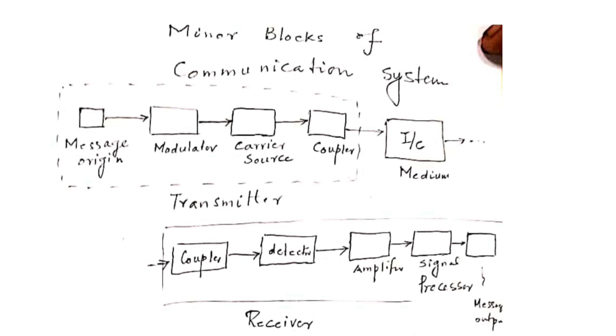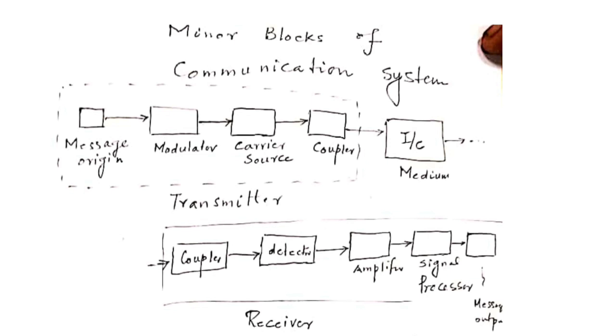Let us talk about the functions of these minor blocks which are located inside the receiver. We talk about the coupler. The function of the coupler is to receive the signal from the information channel. This coupler needs to receive the signal efficiently from the information channel. As an example, I consider the coupler in a wireless communication system.